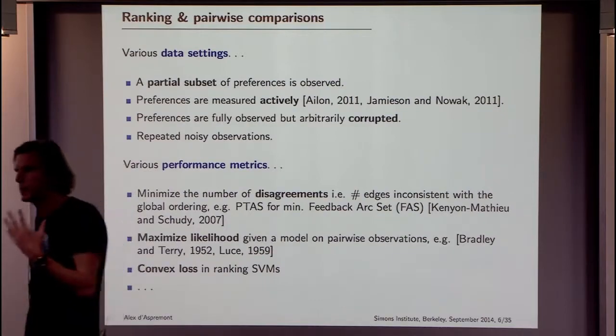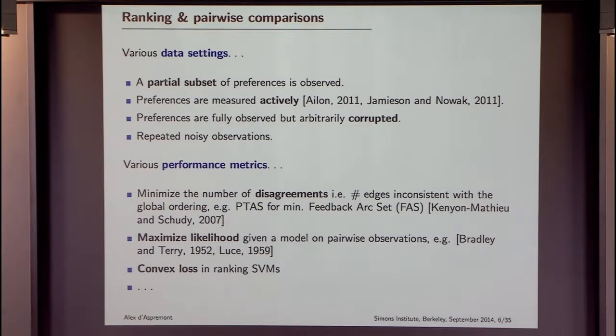Of course, the problem itself has a different nature in many of these references. So in many cases, for example, a partial subset of preferences is observed, not a full one. You can also be in a case where the preferences are fully observed but arbitrarily corrupted.